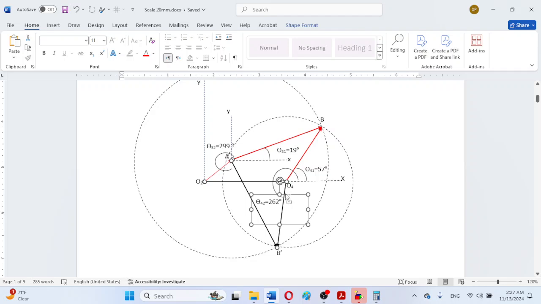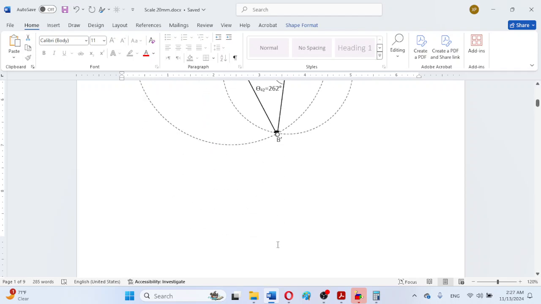Sorry, here we can deselect it. We can include this link. As we can observe, this crank, this ground, this rocker, this coupler link AB dash and this rocker have been selected. Now, for example, we can copy them.